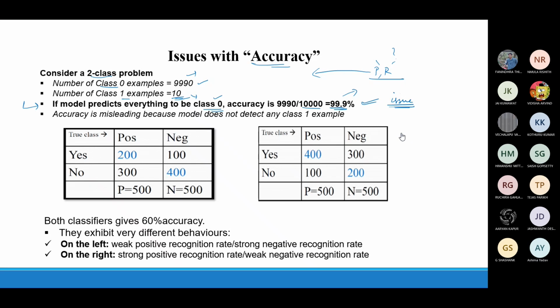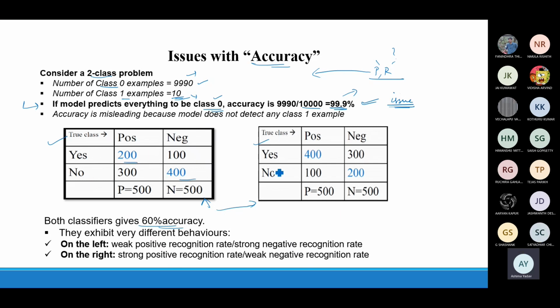Now again, in this particular case, you have these two different matrices. The classifier is giving you the same 60% accuracy in both cases. So accuracy here is the same, but if you look at the individual predictions, they are completely different.